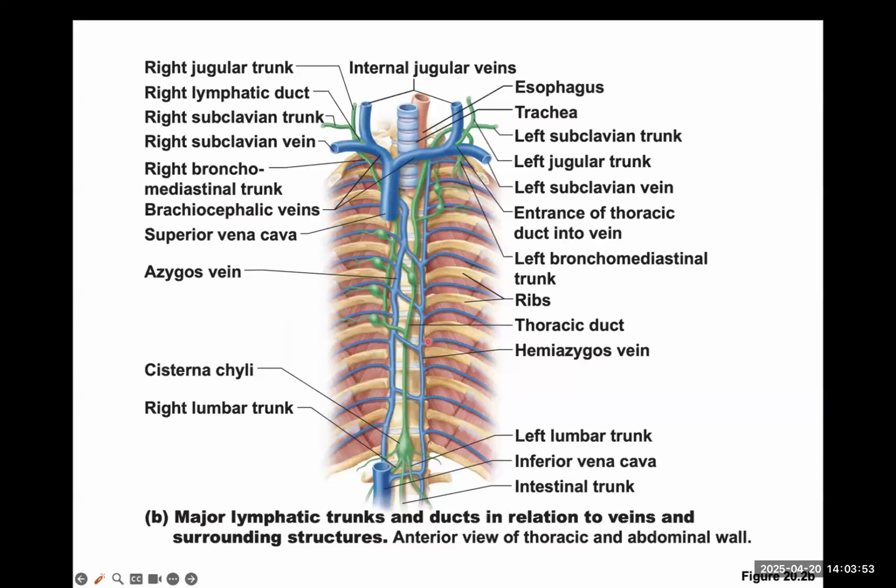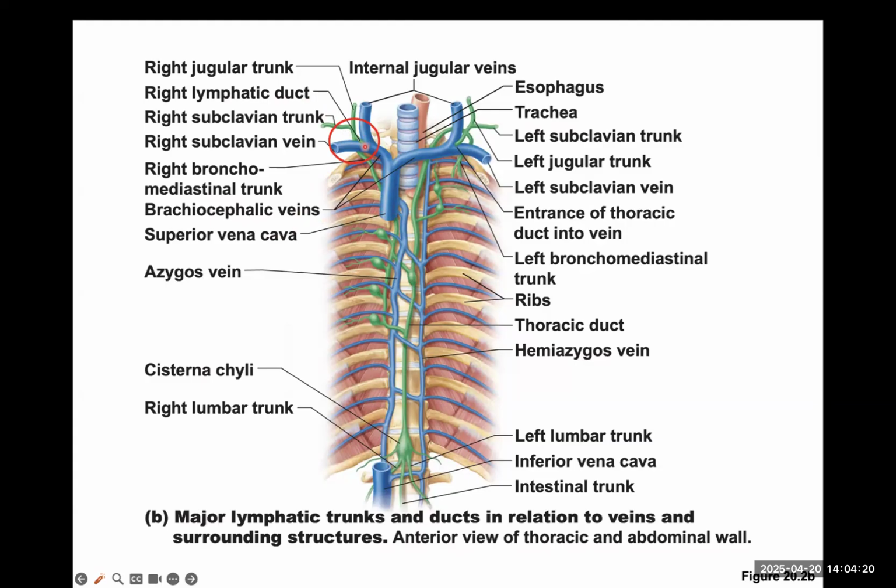So what I want you to notice is that as it's going up, this is your superior vena cava, and this is running parallel to the superior vena cava. There, that's your right lymphatic duct, and that's your superior vena cava. So there are going to be two places right here. One is this one.